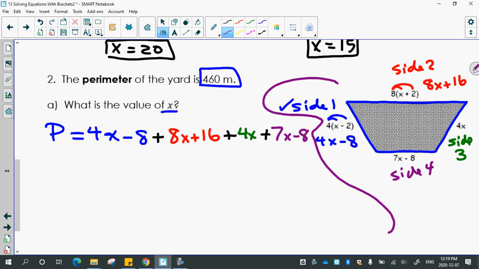Okay, perimeter is my first side, which is 4x minus 8, plus my second side, 8x plus 16, my third side, which is 4x, plus my fourth side. Does that make sense, everybody? Perimeter, you add the 4 sides together. Now we know the perimeter, so I can use an arrow here. Perimeter is 460, so I can fill that in.